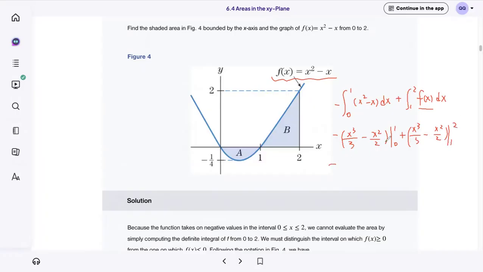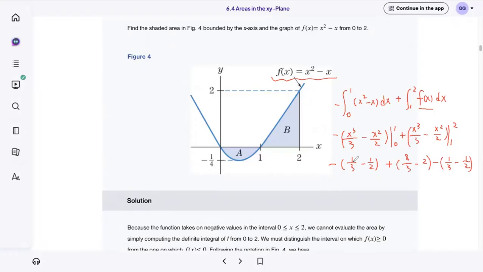Okay, so from 1, we get 1 over 3 minus half. From 0, get nothing. Then plus this one from 2, get 2 raised to 3 divided by 3, minus 4 divided by 2, which is 2. Then minus the evaluation at 1, 1/3 minus half.